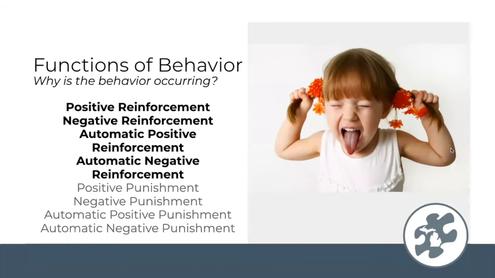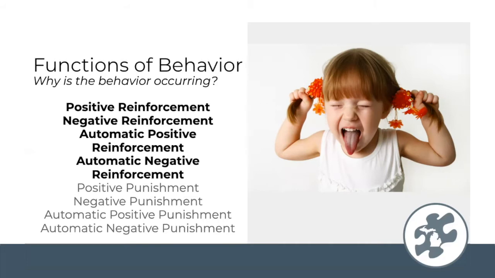Functions of behavior. During part 1, we talked about the target behavior, common antecedents, and common consequences of that target behavior that you identified. Today, we're going to spend more time diving into the functions of behavior, or why the behavior is occurring? The areas we're going to focus upon are positive reinforcement, negative reinforcement, automatic positive reinforcement, and automatic negative reinforcement.